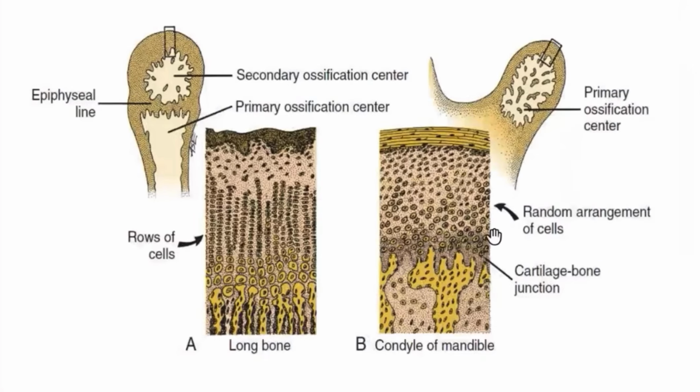Here we see the comparison between the head of the condyle and the head in long bones. These differ. The long bones form from secondary ossification centers, compared to the condyle, which is part of the mandible. In the secondary ossification centers, we produce cartilage-bone junctions that are termed epiphyseal lines.